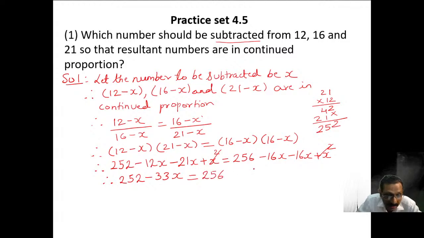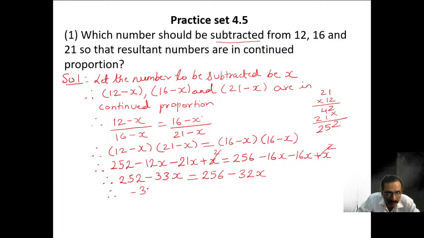256. And here 16 and 16, both with negative signs. What we have to do, we have to add. And which sign will come over here? Minus. So we get minus 32x. Therefore, carefully see. We have minus 33x over here. We'll bring this 32x this side.